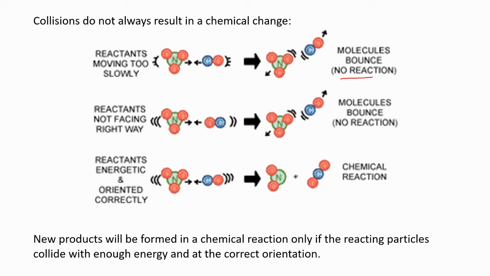So, to have a successful chemical reaction, the reactant particles have to have enough energy and be orientated correctly. New products will be formed in a chemical reaction only if the reacting particles collide with enough energy and at the correct orientation. Okay, and this enough energy is called our activation energy.